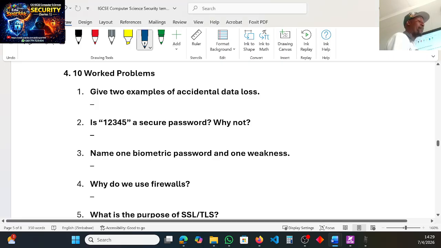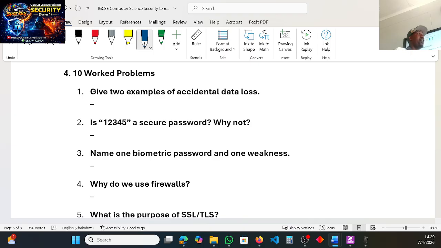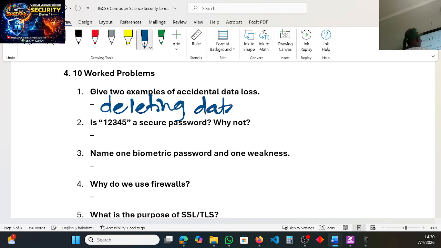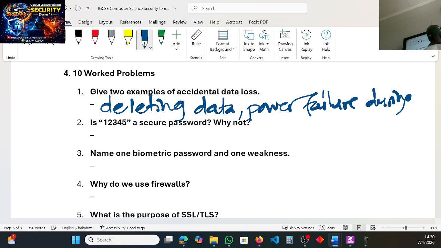From our discussion earlier, sometimes we might have power cuts during the saving process. Sometimes a human can mistype the data that needs to be fed into a computer system. So just two examples, we can say one can be deleting data accidentally, or power failure during data saving.